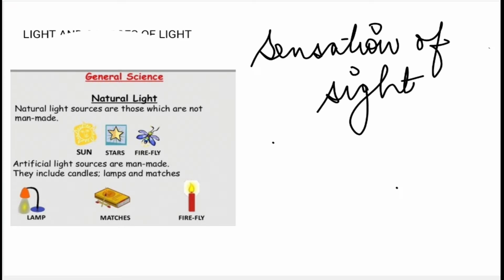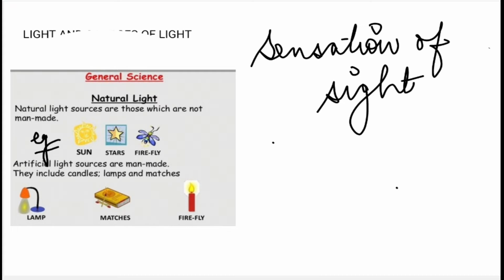We have two types of sources, that is natural sources and artificial sources. Students, natural sources are those sources which emit light of their own. For example, we have the sun, stars, and fireflies.